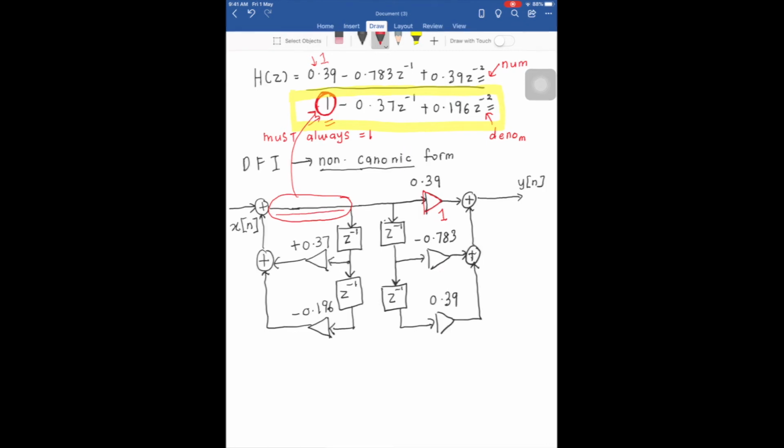This part is your numerator part, and this part is your denominator part. The straight line just shows the different direction, referring to the denominator structure. That is for direct form 1.